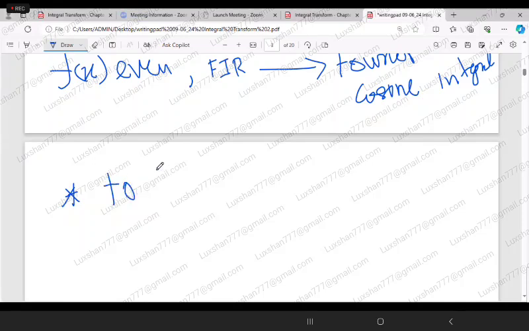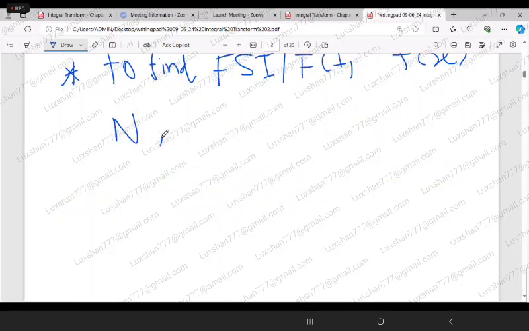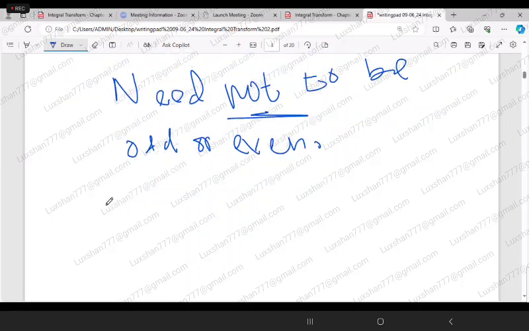To find the Fourier sine integral or Fourier cosine integral, f(x) need not be even or odd.